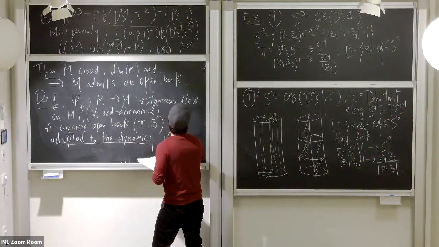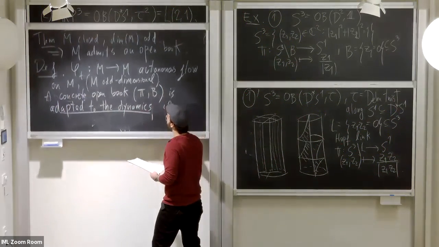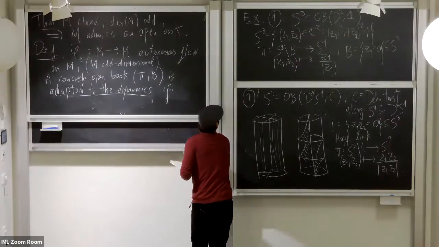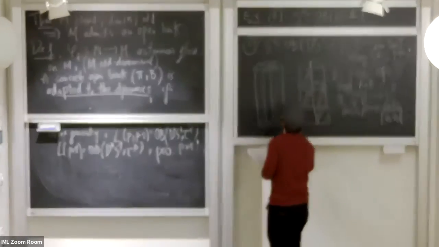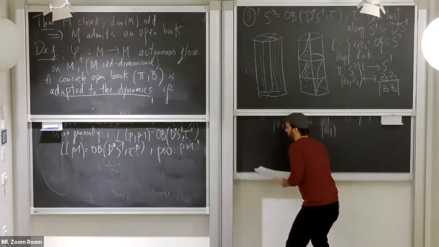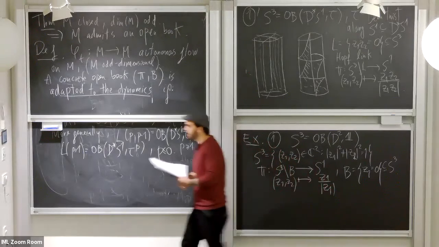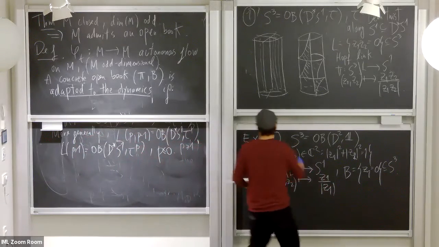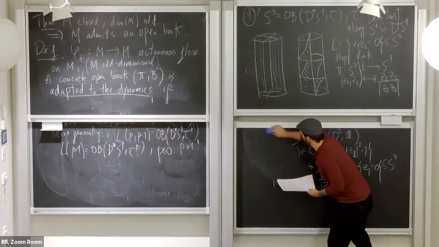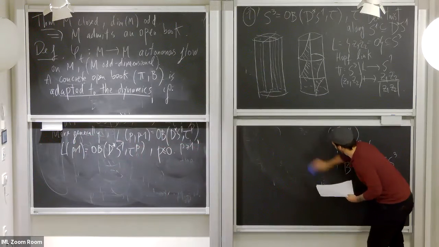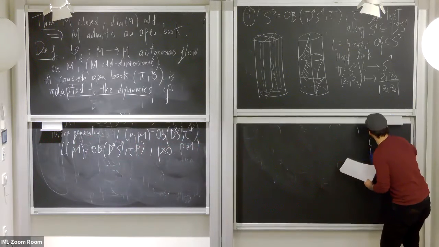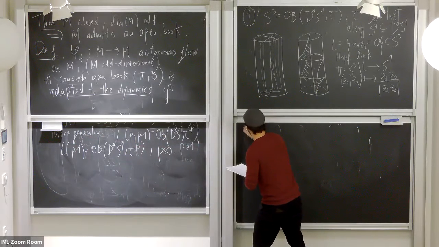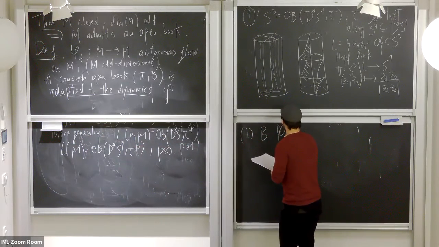Basically, what we want is that the dynamical system is in some sense compatible with the underlying geometric structure. Concretely, that means the following two conditions. First, I want that B is invariant under the flow.